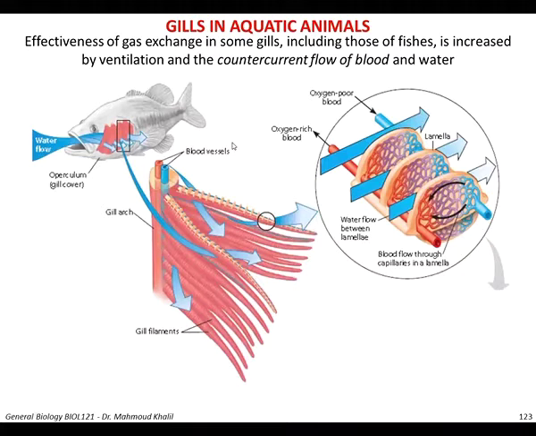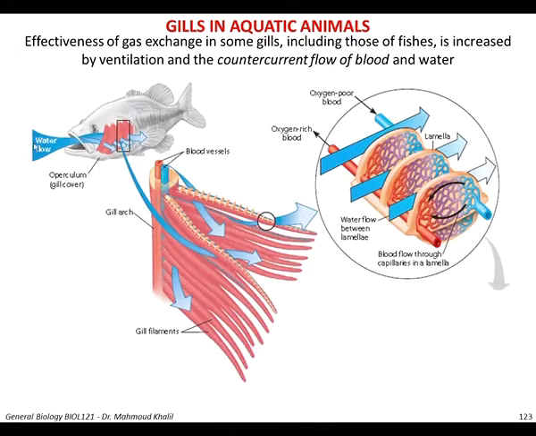So why is the gas exchange system very effective, and what is needed to have a very effective gas exchange system? You can see gills in aquatic animals; the process is increased by ventilation and the countercurrent flow of the blood and water. Usually the gills in fish are covered by an operculum or a gill cover. You can see that water goes inside the mouth.